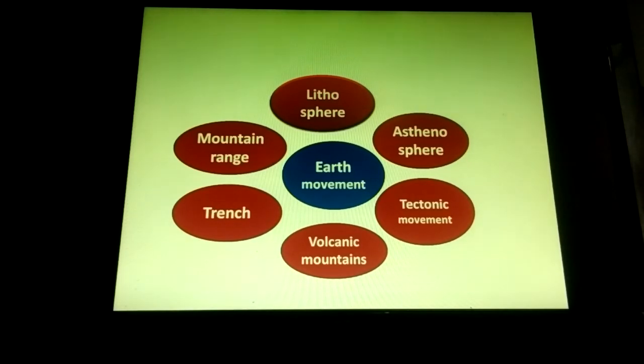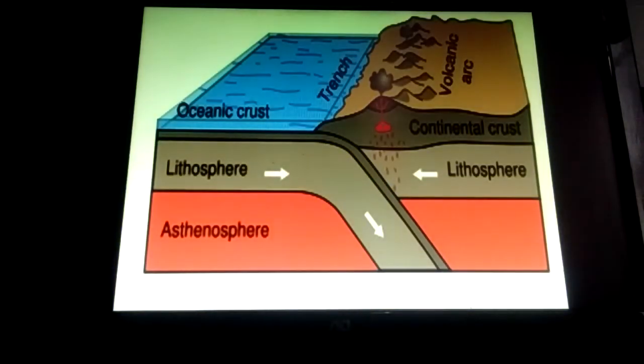Okay children, in the earth movement, let us know about the lithosphere, asthenosphere, tectonic movement, volcanic mountains, trenches, and mountain ranges. Now see the image.